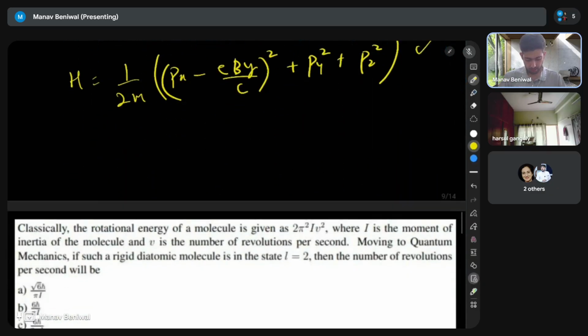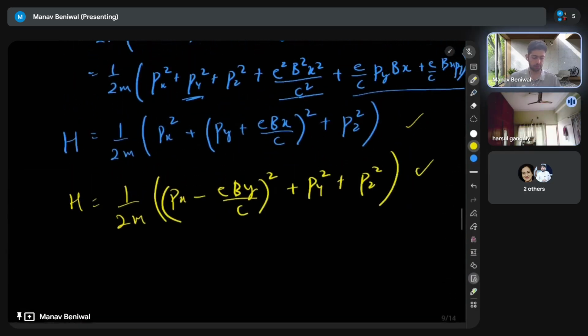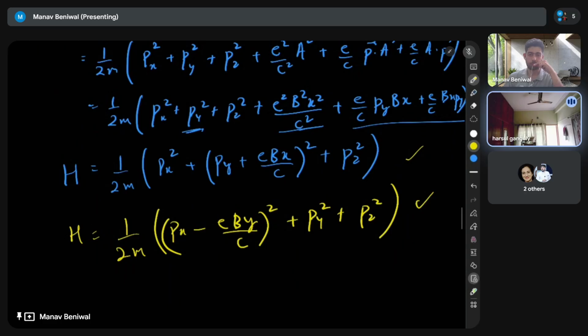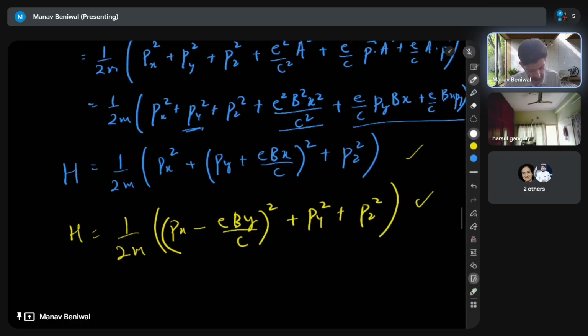Okay, Sir, sorry, I'm slightly confused with how we got that square term py plus eBx by c whole squared. Okay, for that, if you expand this term, what you will get? You'll get py squared, right? Which is here.